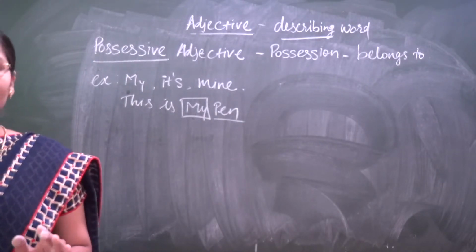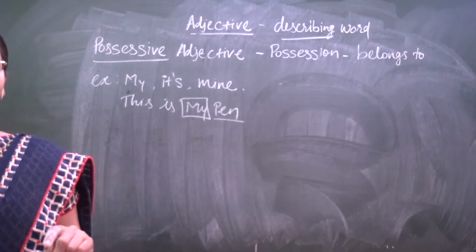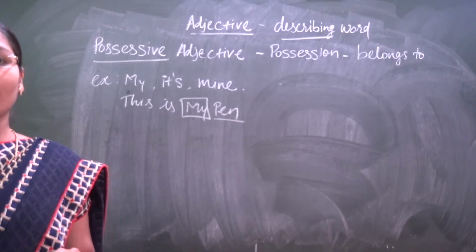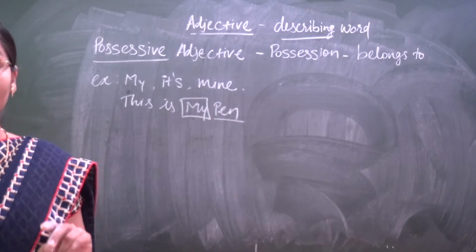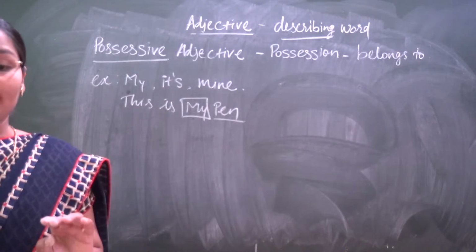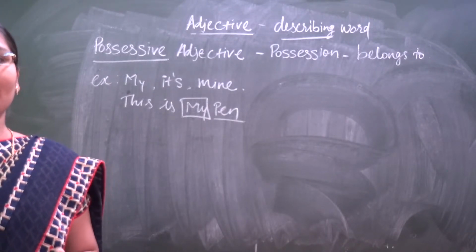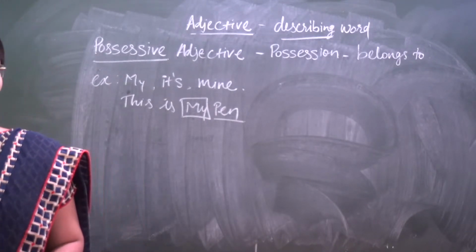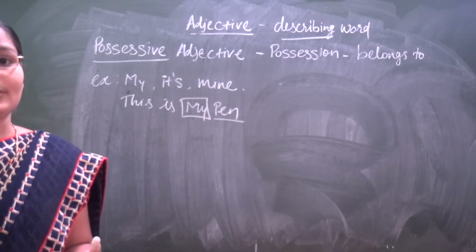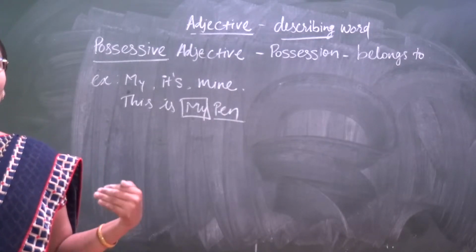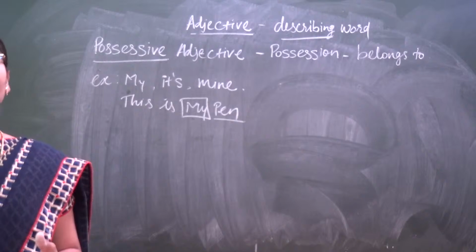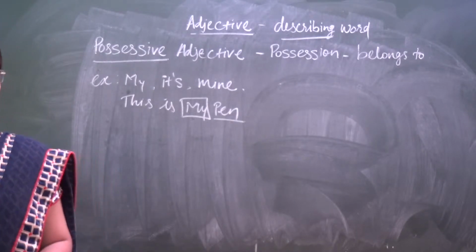So the main types of adjectives are adjective of quality, adjective of quantity, numeral adjectives, demonstrative adjectives. These are the main types of the adjectives. Why are we telling that they are the main types? Because they are mostly used adjectives.